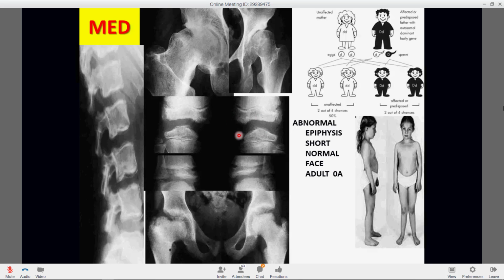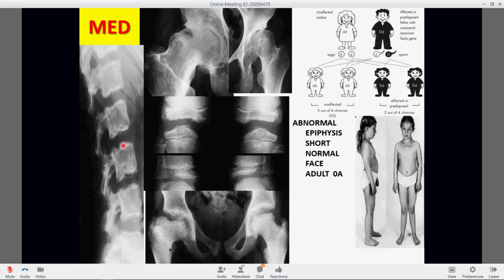As you can see here, the epiphysis is abnormally grown and flat. The condyles of the femur are flat, and the head of the femur is abnormal in shape, just like Perthes' disease.